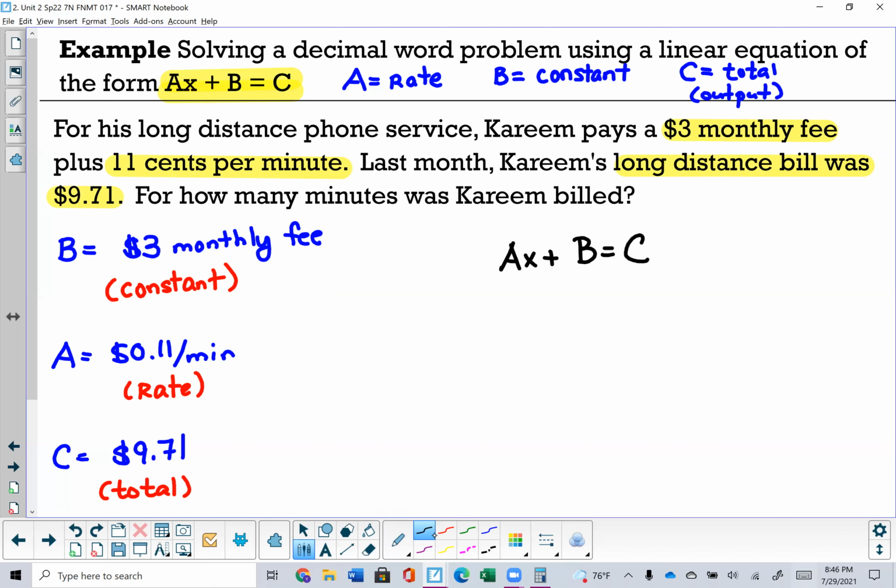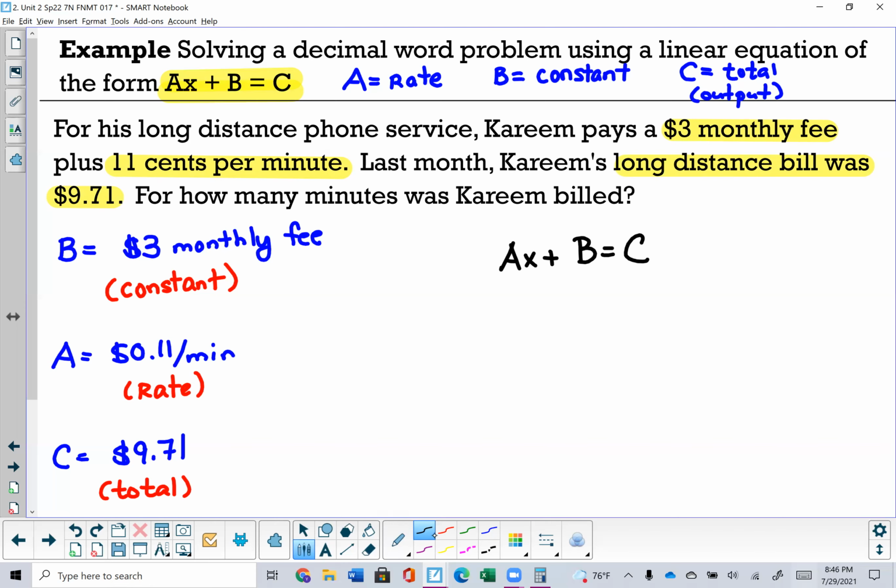Okay, and so the question is asking us, how many minutes was Kareem billed? Well, let's see. So substituting for a, we're putting in 0.11 and then the variable x plus b, which is our constant 3, equals our total bill, $9.71. All right, we have our equation.